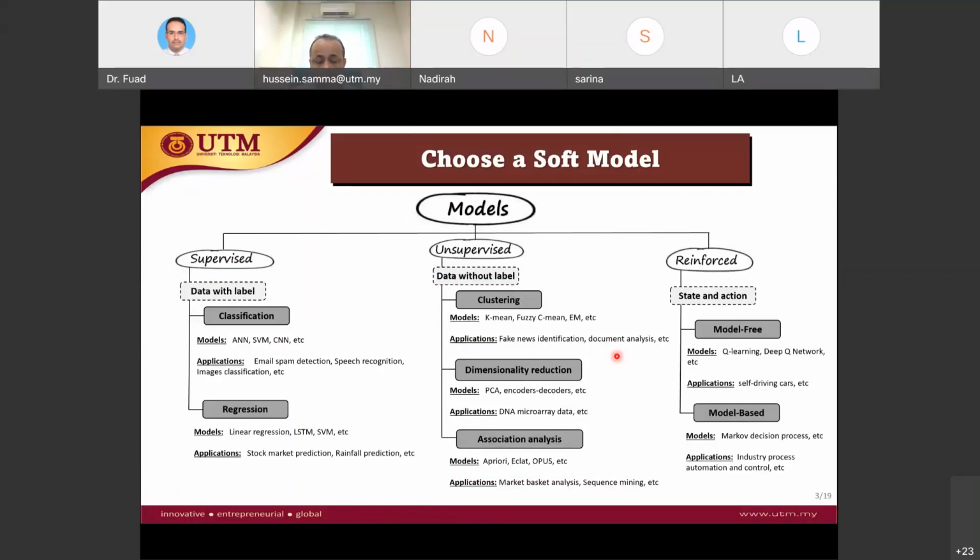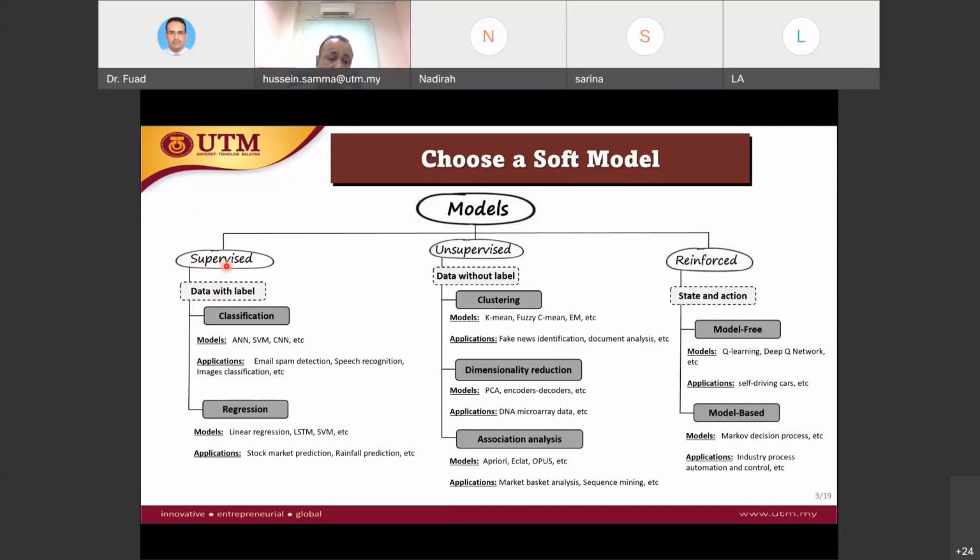So basically, if we look at existing soft computing methods in the literature, we have a lot, but here I'm trying to classify them based on the existence of the data. If we assume that we have the data and the label, we are talking about supervised learning.